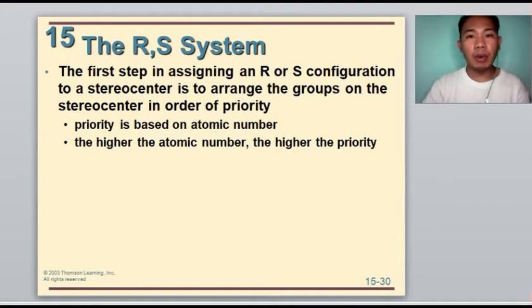If a priority cannot be assigned on the basis of the atoms bonded directly to the stereocenter, look at the next atom or set of atoms and continue to the first point of difference. That is, continue until you can assign a priority.